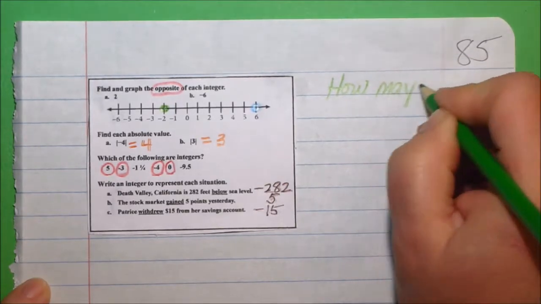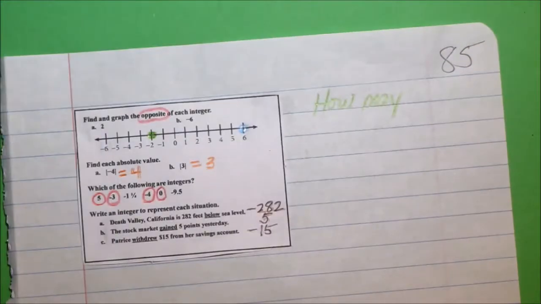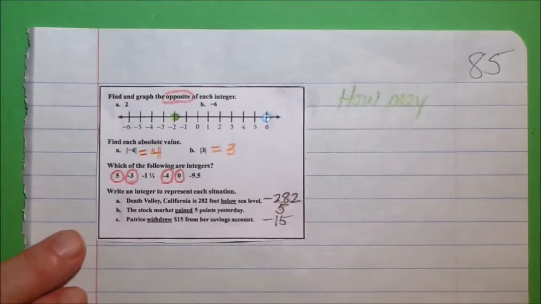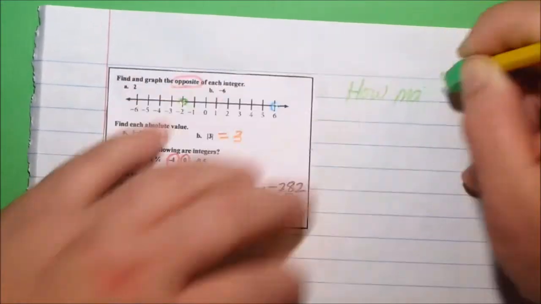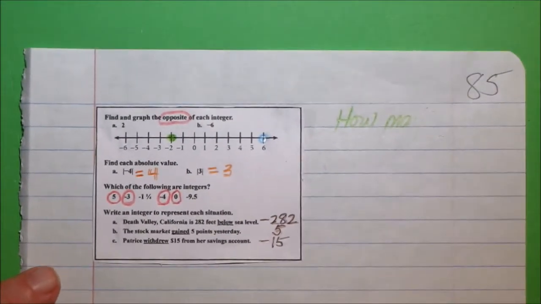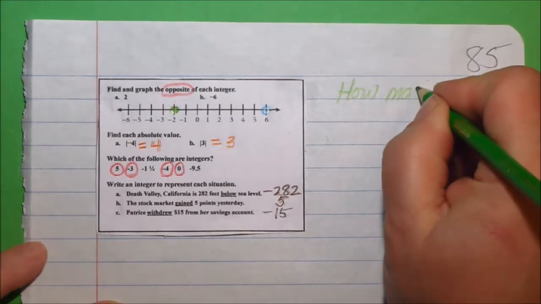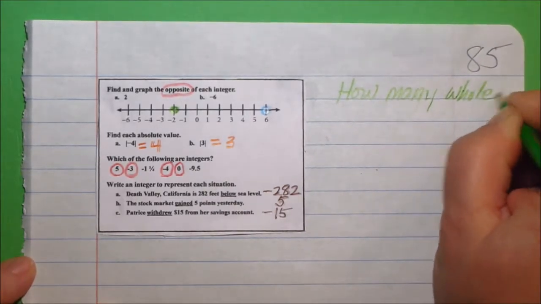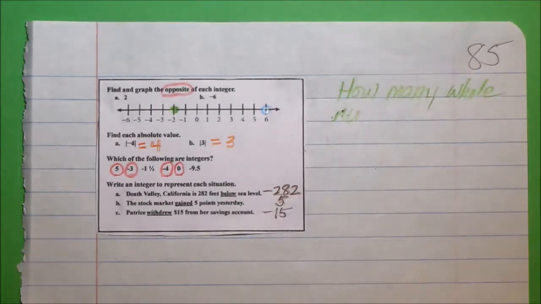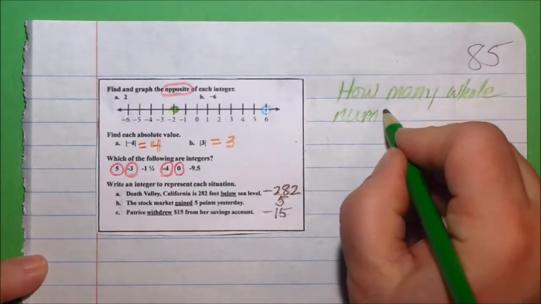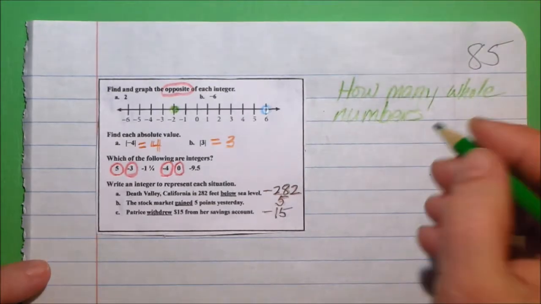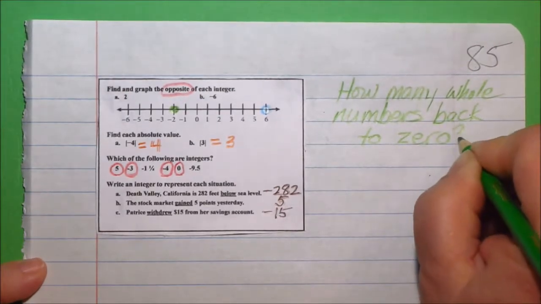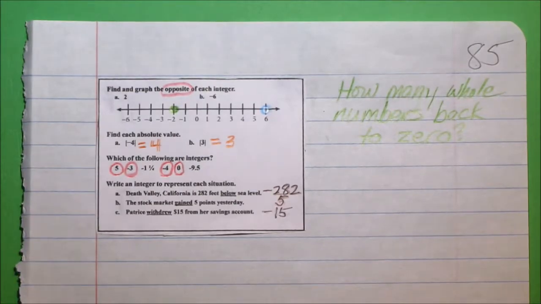How many whole numbers back to 0? That's the question I'm asking myself when I'm looking at absolute value.